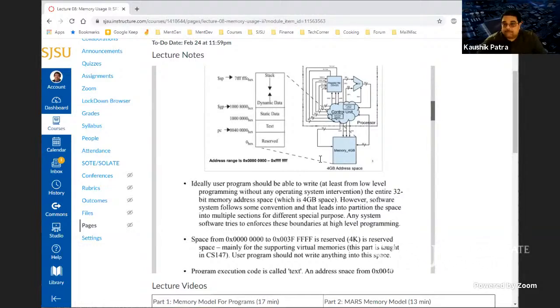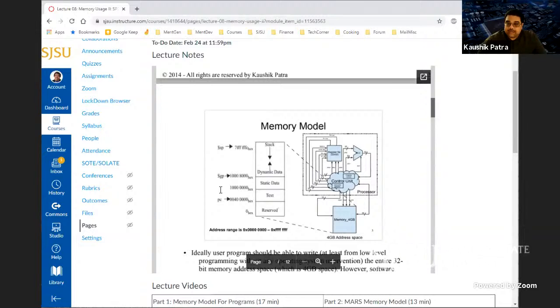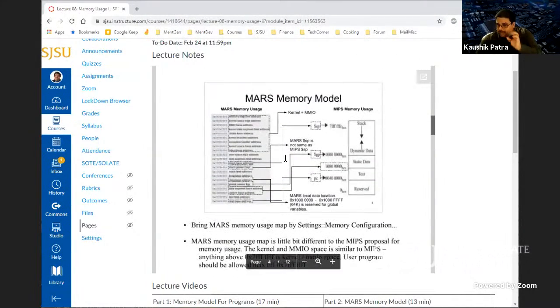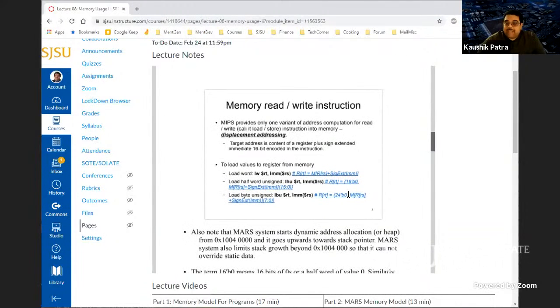That is very important. And then we discuss the real life convention on the MIPS processor memory usage areas. And there are some little differences when you go into the simulation environment of Mars. We discuss that difference on this page. Then we move on to the different types of memory read and write instructions. In fact, there is only one type, like store word and load word, 2 instructions, and variations of that.